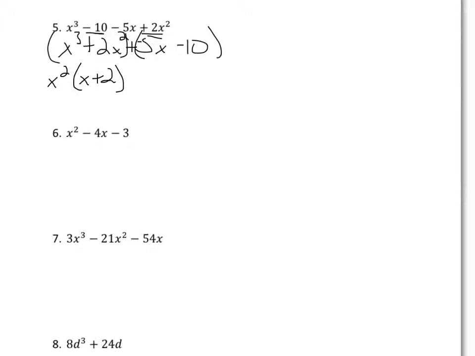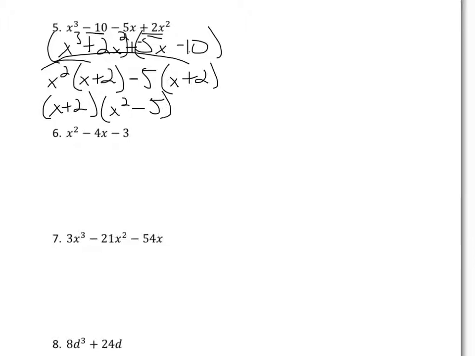We've seen that before. And in the second one, I'm going to factor out a negative 5. When you take negative 5 out of negative 5x, you're just left with x. When you take negative 5 out of negative 10, you're just left with plus 2. Now we can factor out again because we see our x plus 2's are the same. So we have x plus 2, and you're left with x squared in the first one and minus 5 in the second one.